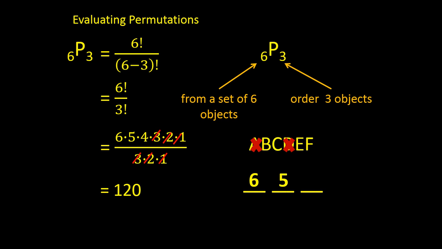We're just picking the A out for an example. That would leave us with 4 letters to choose from for the third letter. So what do we do with these numbers? There were 6 ways to pick a first letter, then 5 ways to pick a second letter, then 4 ways to pick a third letter. Well, if we multiply those together, we'll get the total number of ways that we can select the 3 objects from the 6.